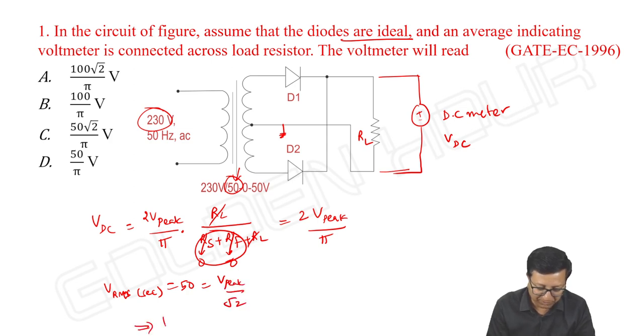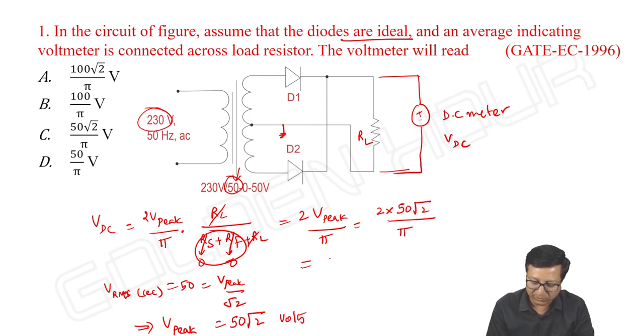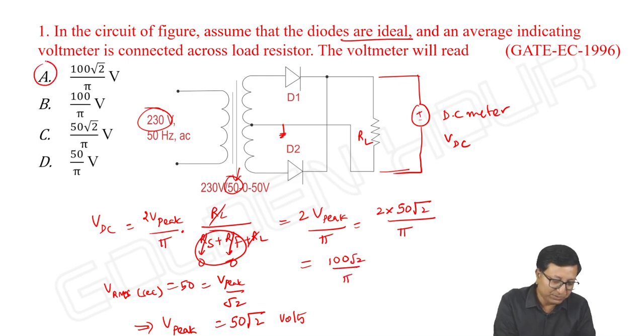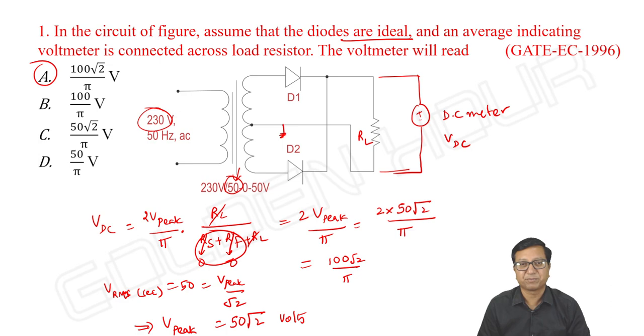Which implies the peak amplitude is 50 root 2 volts. Now VDC is 2 into 50 root 2 by pi, which is 100 root 2 by pi. So option A is correct. It's a simple one.